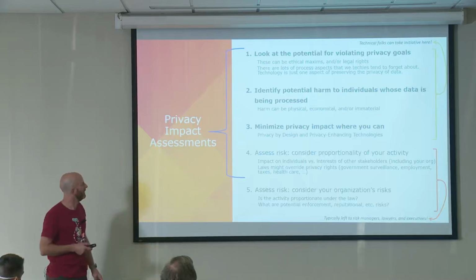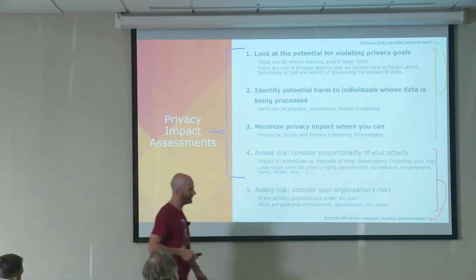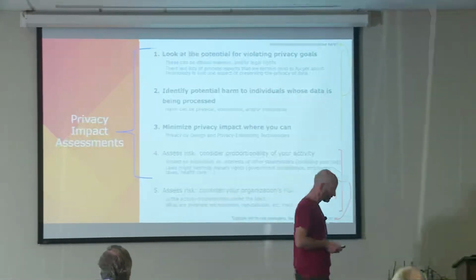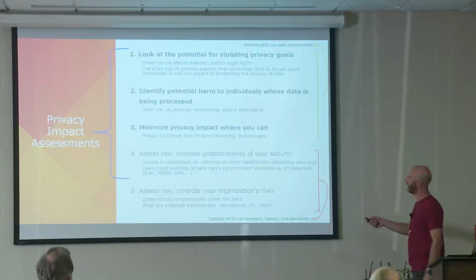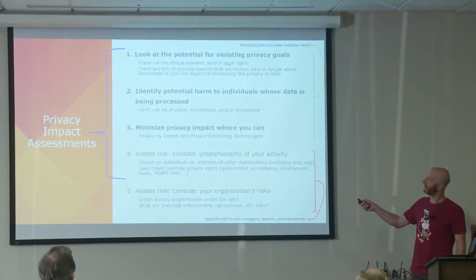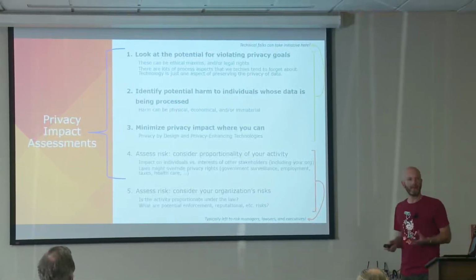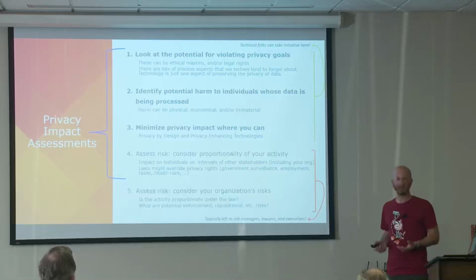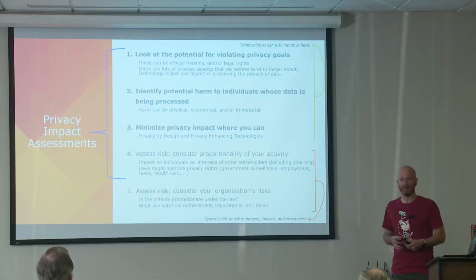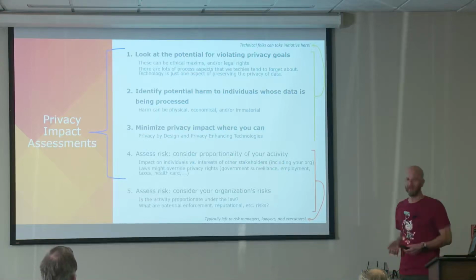And then what I also put in here: I really think these first three things are things where we as AppSec practitioners can help. We can look at that. We understand where the data is. And threat modeling, privacy impact modeling, we can totally help with that and take initiative.